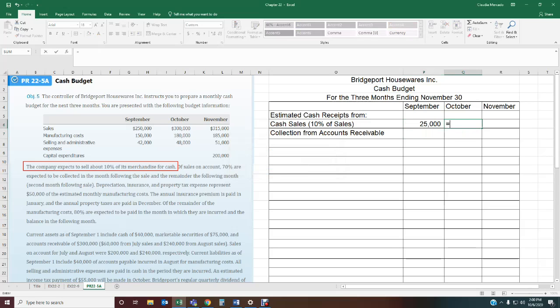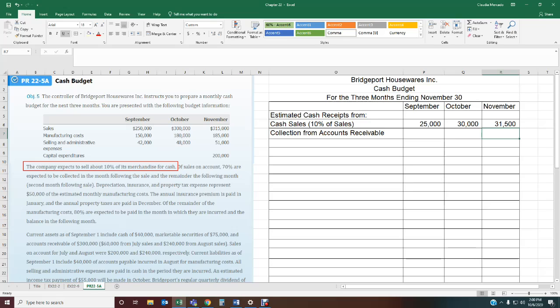For October, I've got 300,000 times 10%. That gives me 30,000. And for November, I've got 315,000 times 10%. That gives me 31,500. That is the easy part.